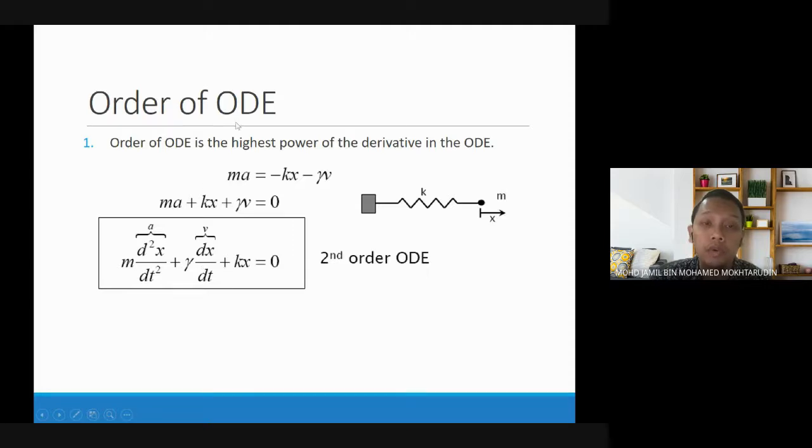The order of ODE is basically the highest power of the derivative in that equation. Here we have d2x dt squared. Because 2 is the highest derivative, the ODE is second order. If you have 3 here, then the ODE is third order and so on.